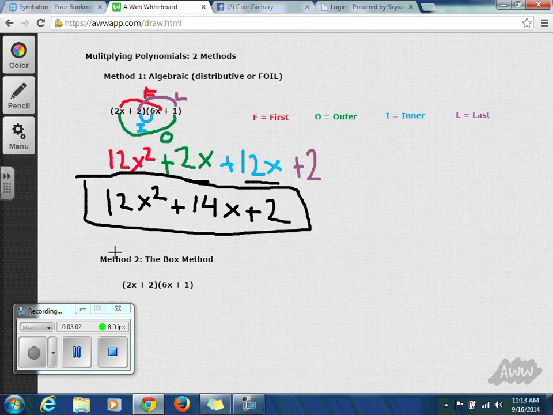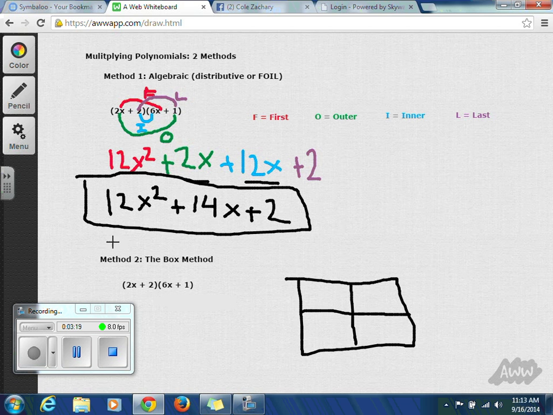Now we'll see the same exact example done again, but we call this the box method. The way the box method works is you draw a box. In science, you might be familiar with Punnett squares. It's very similar to the setup of a Punnett square.